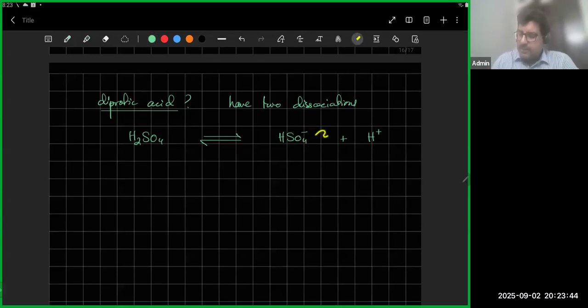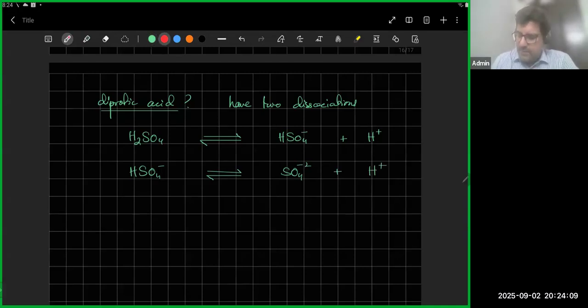What is the next one? Then this HSO4-, it still has an H+ ion. So what happens now is that this HSO4- is going to dissociate further. And you'll be left with SO4 2-, and there's going to be another H+ ion produced.